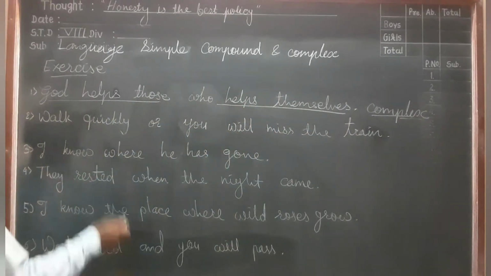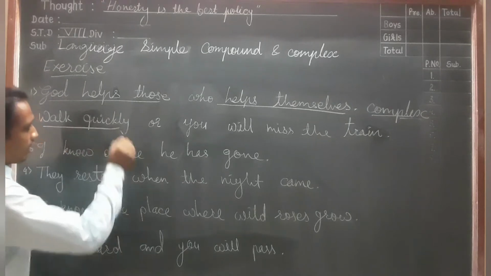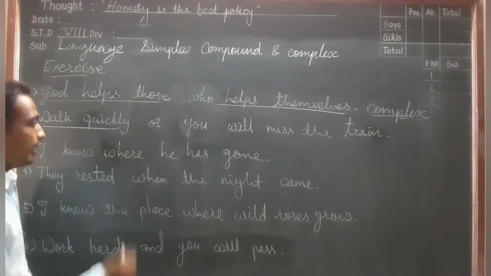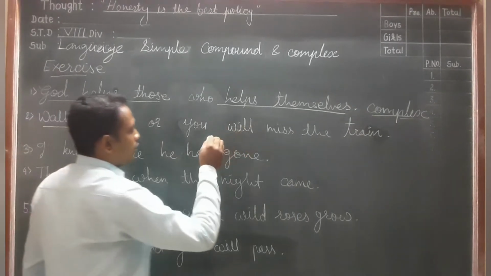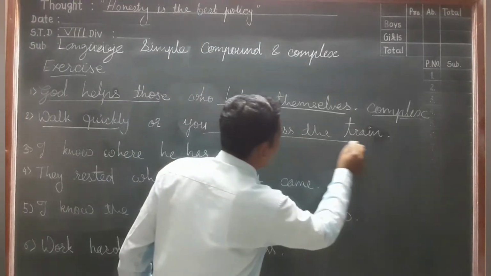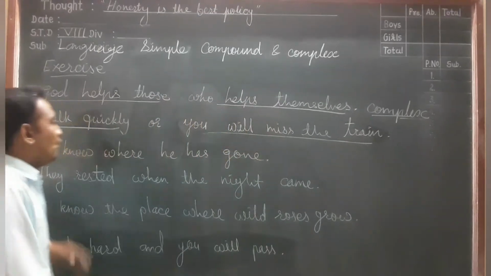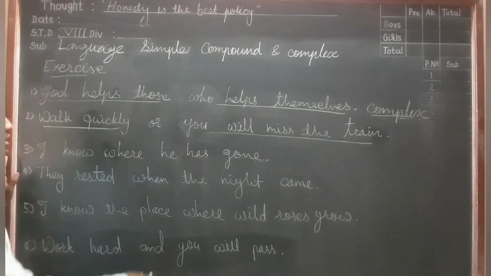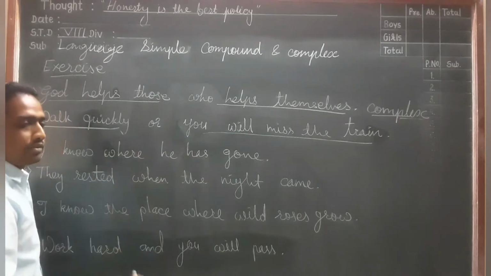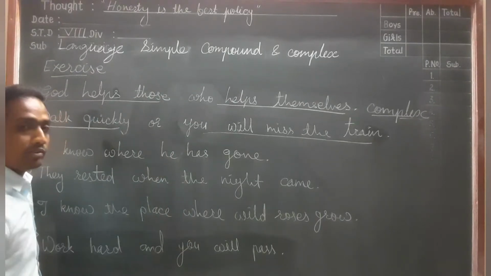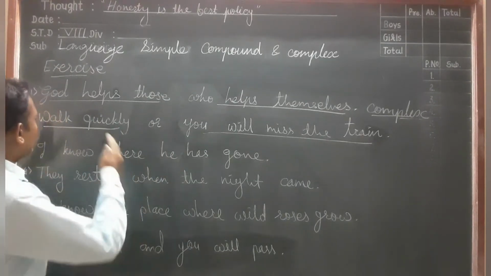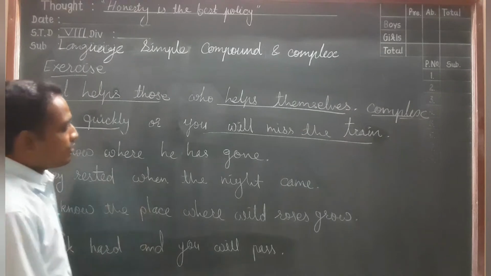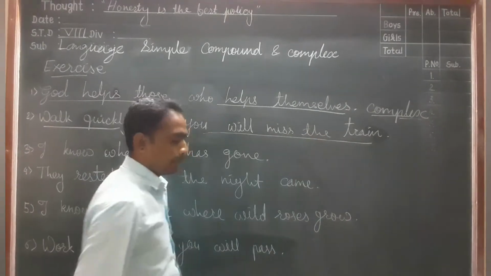Second example: walk quickly, or you will miss the train. Here also you can see that in this sentence there are two clauses. Walk quickly is first and second is you will miss the train.